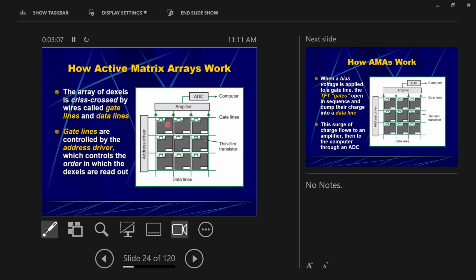The computer, because of the way this is arranged, knows when it receives the first signal, I'm just giving an example, that that signal came from the top left DEC cell. So the computer stores as a part of the file how much current it received. That's going to be the gray scale, the amount of gray that DEC cell will show.